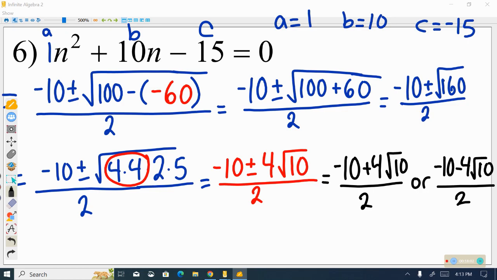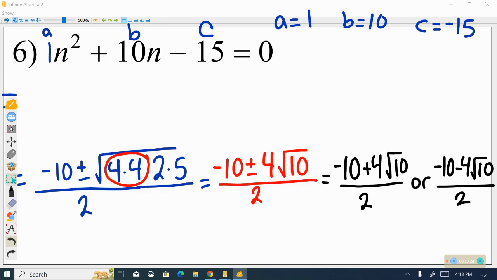So, in this example, we have a bunch of numbers that are still able to be reduced, right? You can see that both of them are even, right? So I could split this up into 2 more numbers, and like I said, there's more than one way to do this.